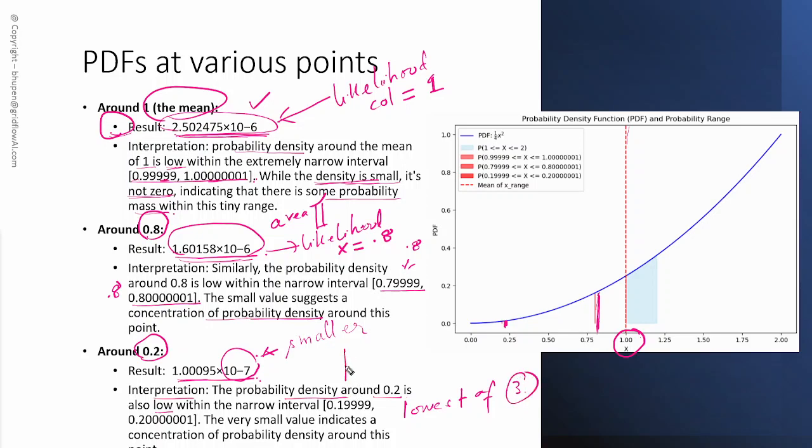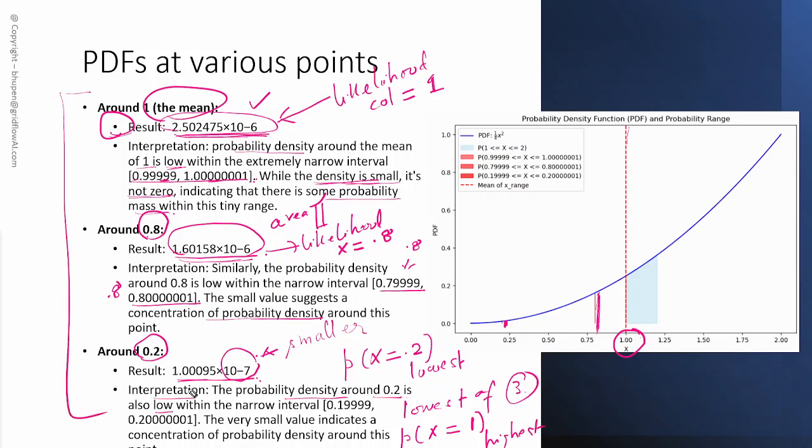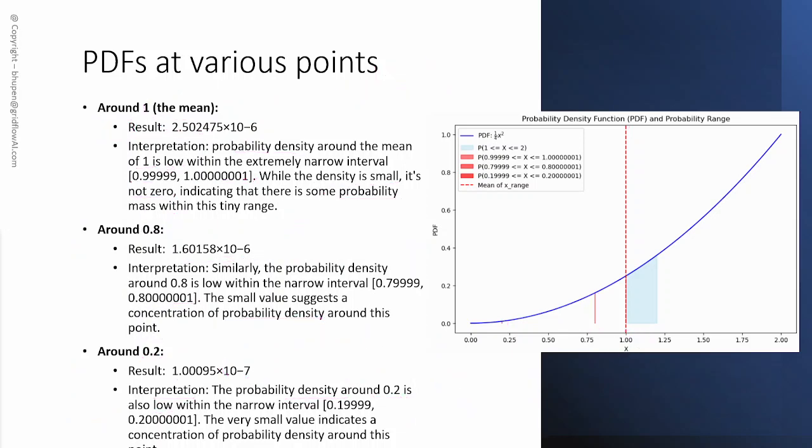That means the probability that x will be equal to 0.2 is lowest. And the highest is the probability where x is equal to 1. That has the highest probability among the three. So these kinds of analytics you can perform as part of your data science before you begin a machine learning exercise. I hope this is clear. Let's move on then to some more examples here.